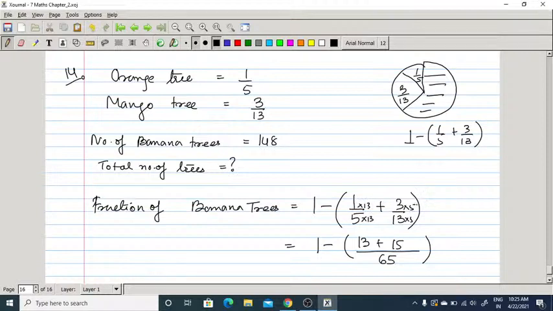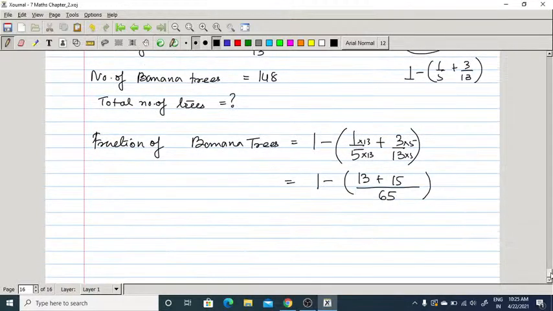So that is 15, which equals 1 minus 28 by 65, which equals 65 minus 28 by 65, which equals 37 by 65. So this is the fraction of banana trees.